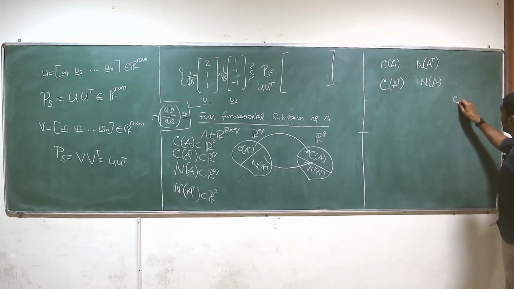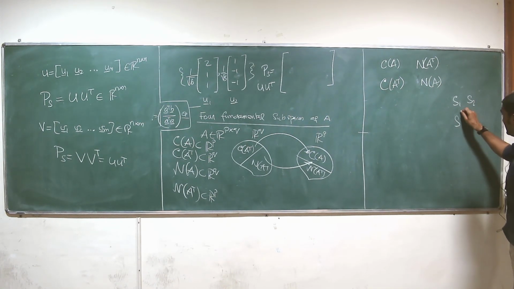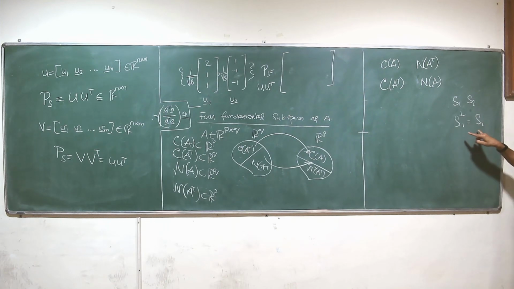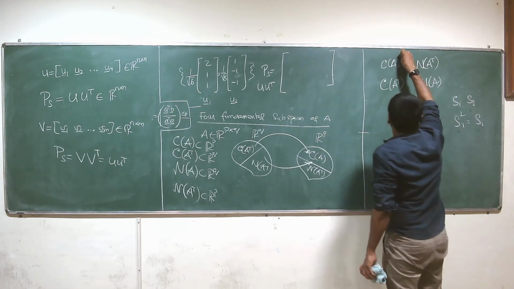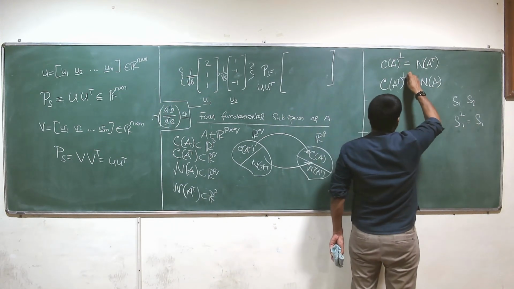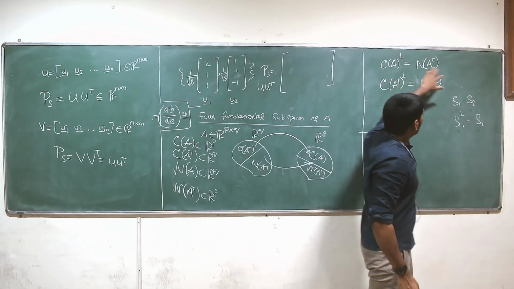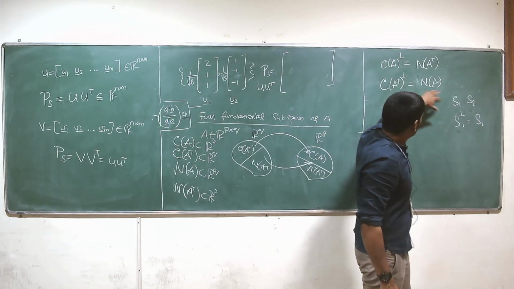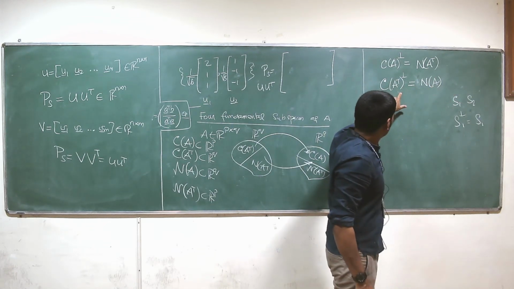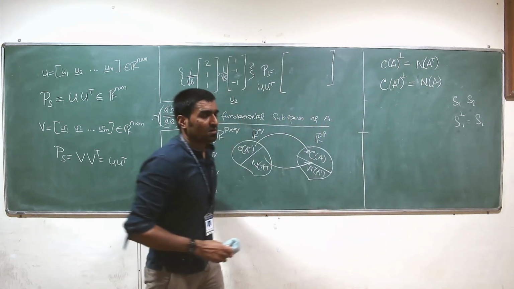If you have two subspaces S1 and S2 that are orthogonal complements, you can write S1 perpendicular; whenever you see this, it means S2 is the orthogonal complement of S1. So in this case, your column space is the orthogonal complement of the left null space, and your row space is the orthogonal complement of the null space. It simply means if you add these two subspaces, you get RP, and if you add these two, you get RQ. Any element from here is perpendicular to every element in here, and similarly.